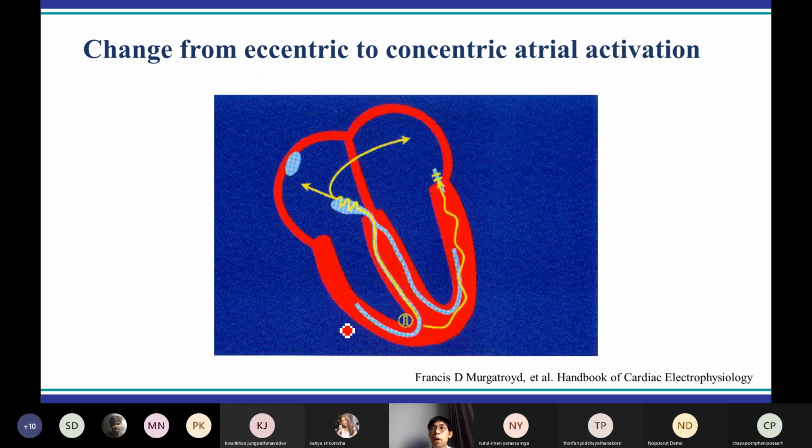Or if you have given a patient some kind of medication such as isoproterenol, which enhances the AV node conduction, this can also cause the change of eccentric retrograde atrial activation into a concentric retrograde atrial activation.